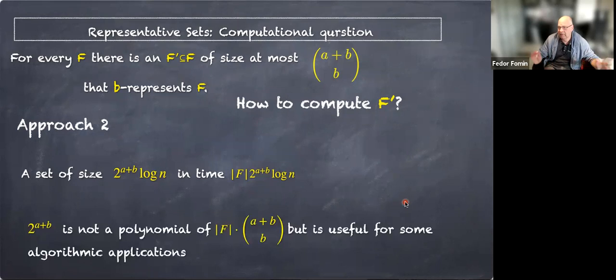Again, this running time and size are not polynomial in the input size. However, this type of algorithm will be useful for some algorithmic applications, and I will be using it when a is roughly equal to b.